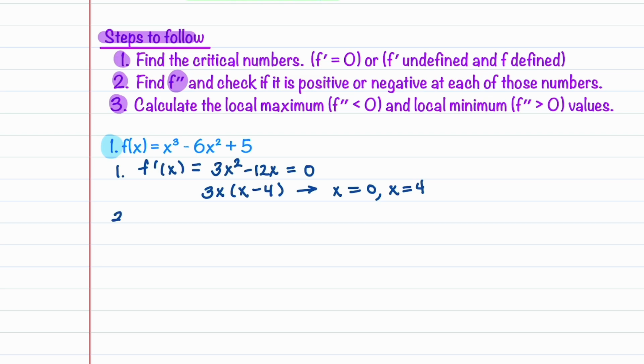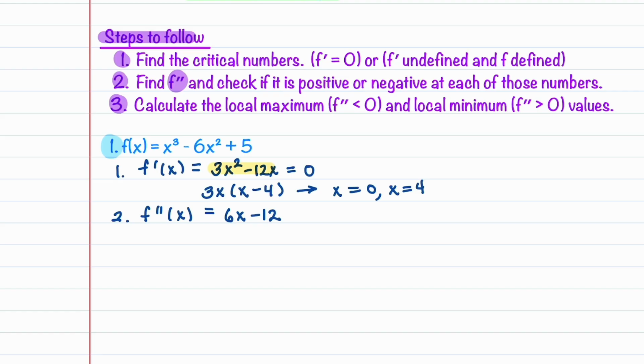Now, in step 2, we are going to find the second derivative. That second derivative is going to be based off of our first derivative. So we're going to differentiate that. So we're going to have a 6x minus 12. Now we don't set this equal to 0.